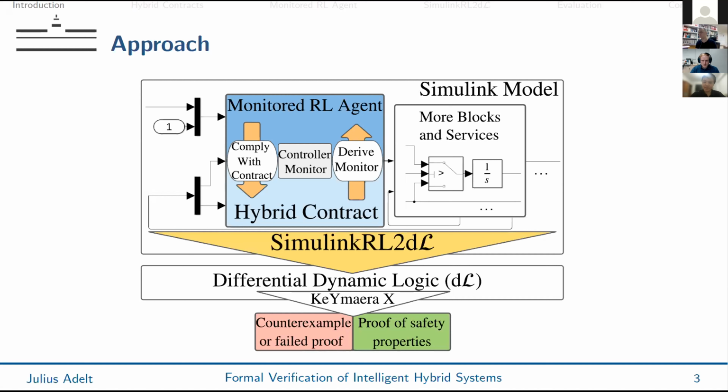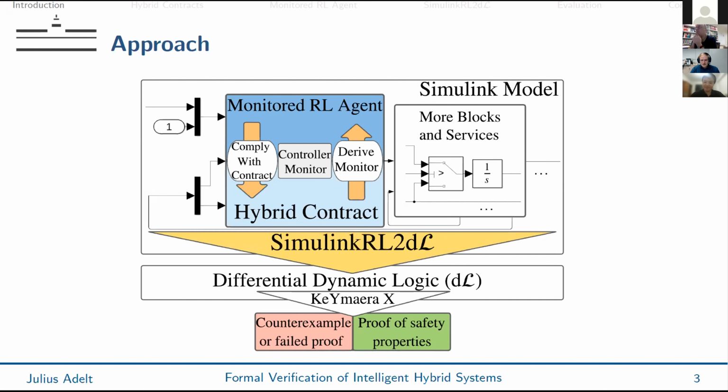With this formal description of the embedded reinforcement learning agent, we then derive an overall formalization of the intelligent hybrid system by extending our transformation from Simulink to the differential dynamic logic to also include reinforcement learning components. And this then allows us to formally verify the hybrid system with the interactive theorem prover KeYmaera X.